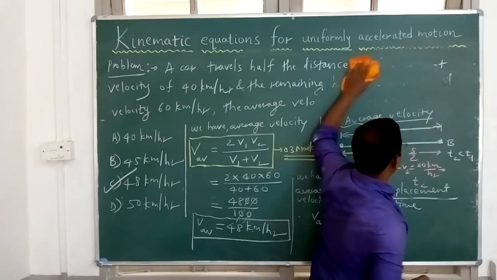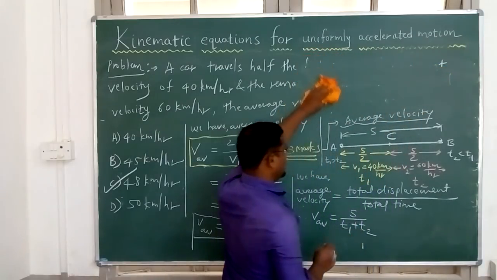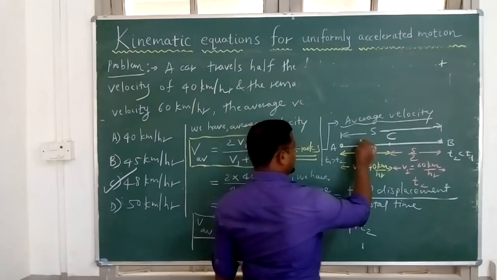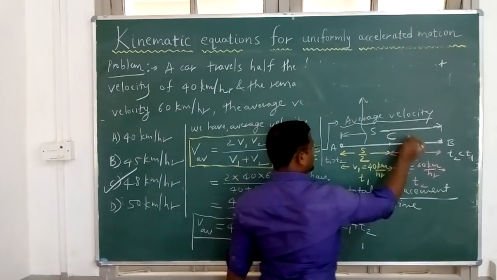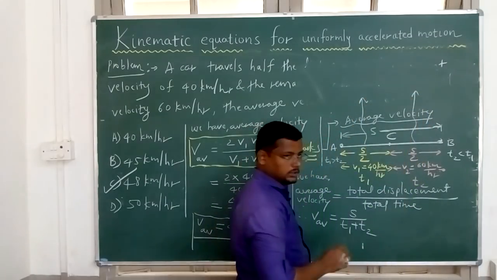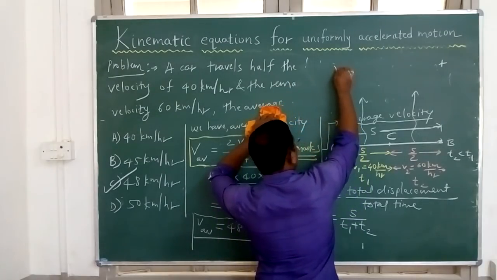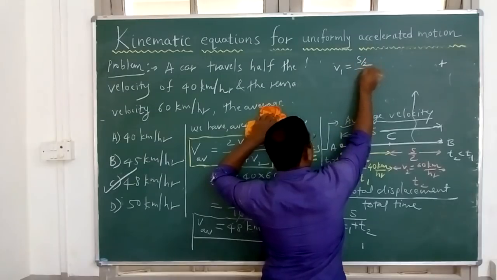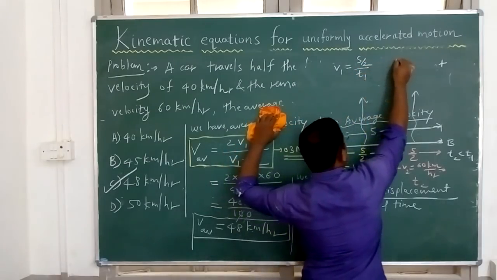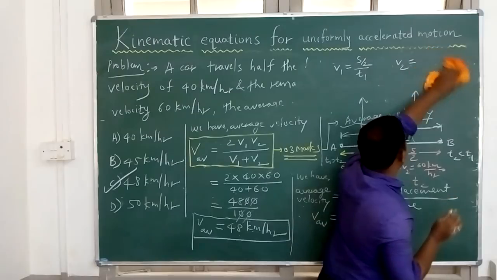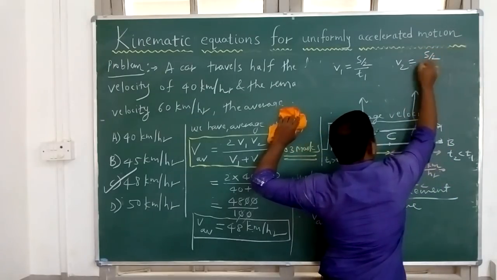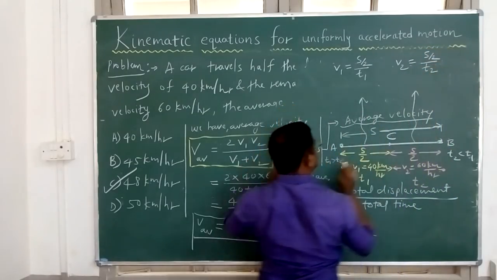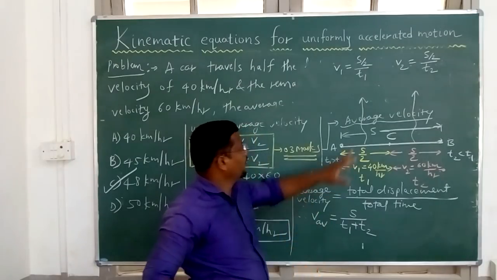So just see how to calculate T1 and T2 here. T1 for this half portion, T2 for this next half portion. I know the formula, velocity is equal to displacement divided by time, and this side velocity is equal to displacement divided by time. Understood what I have done? Why this half?